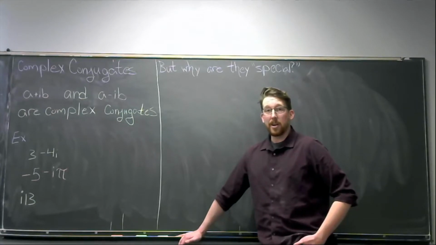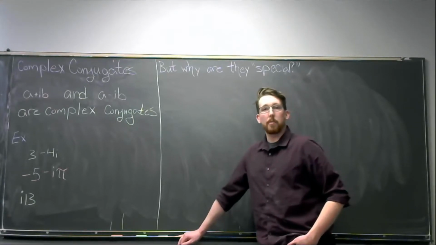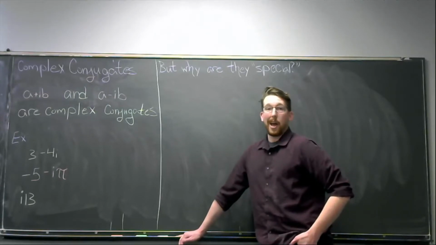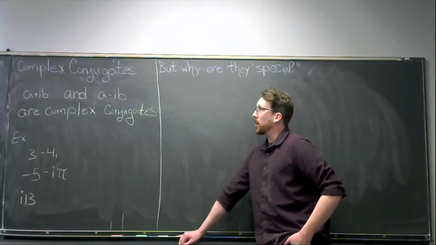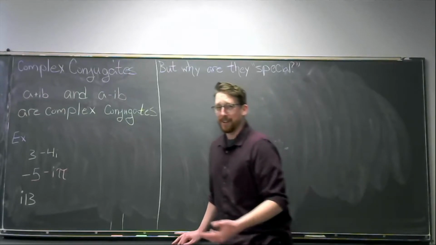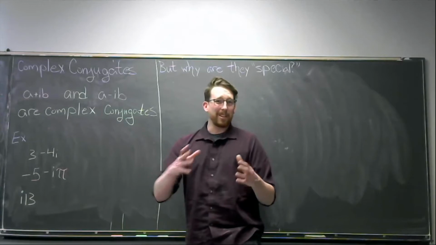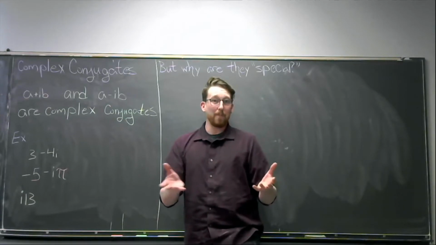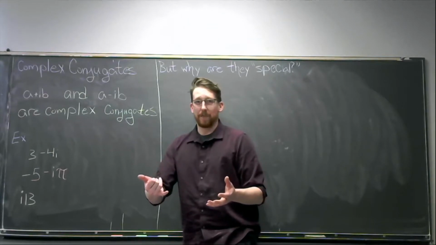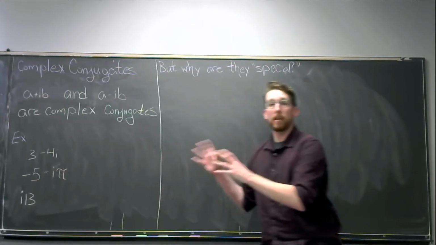Its complex conjugate is a minus ib. And let's say you're given a complex number a minus ib. Its complex conjugate is a plus ib. In other words, if you want to know the complex conjugate of a number, just flip the sign on the imaginary part.